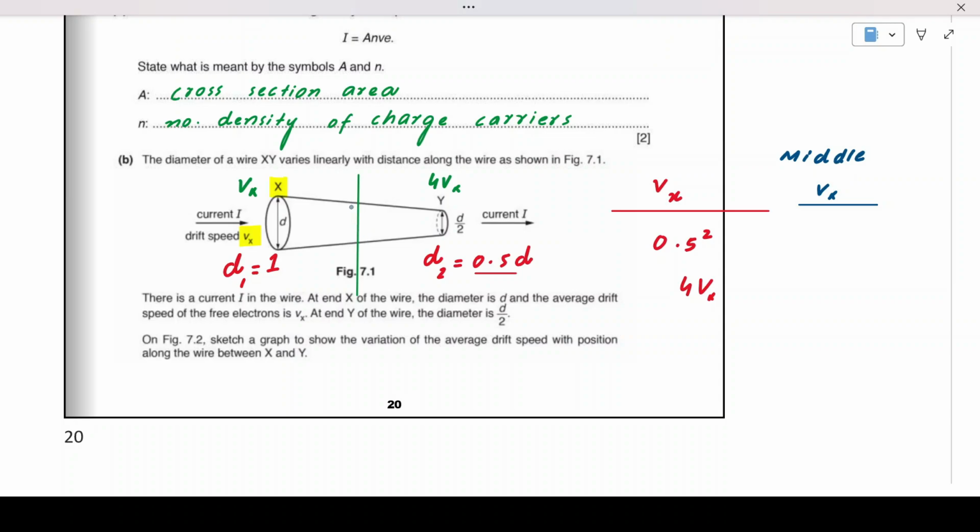Now can anyone tell me what is the diameter exactly in the middle of x and y? Any guess? On the left side it is 1d, 1. On the right side it is 0.5. What should be the diameter exactly in the middle? 0.75 is the right answer.